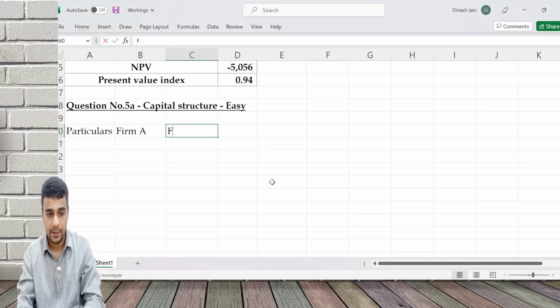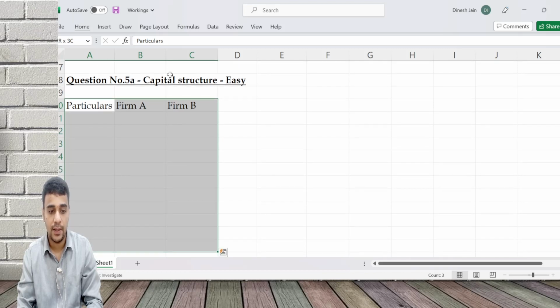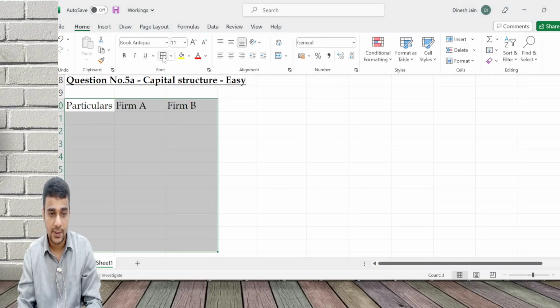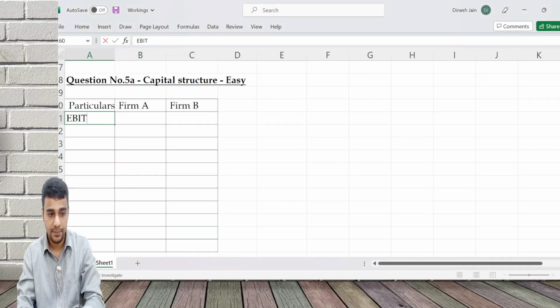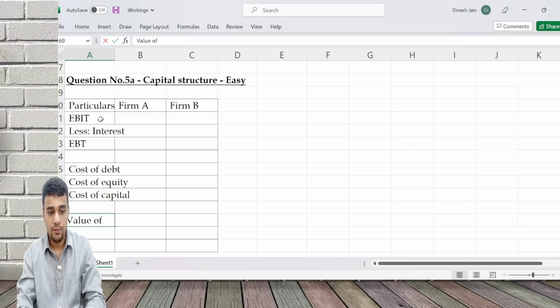Firm A, firm B, without taxes format. The format is going to give you the answer as well. EBIT less interest, EBT, tax is not there, cost of debt, cost of equity, cost of capital, value of debt, value of equity, value of firm.